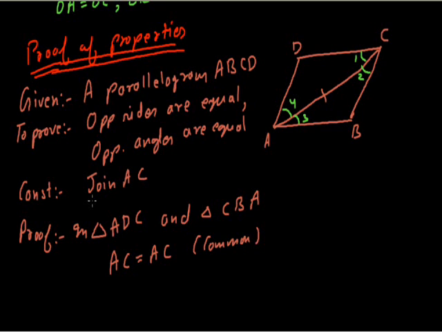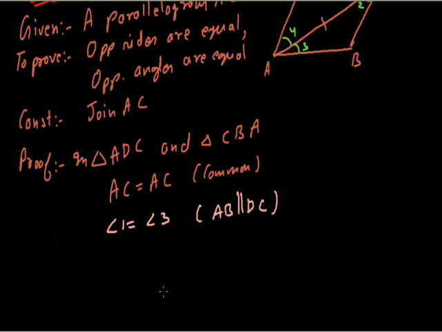As lines AB and DC are parallel, because it is a parallelogram, we can say that angle 1 is equal to angle 3 because AB is parallel to DC. That is, alternate interior angles are equal. Same way, angle 2 is equal to angle 4, again because AD is parallel to BC.